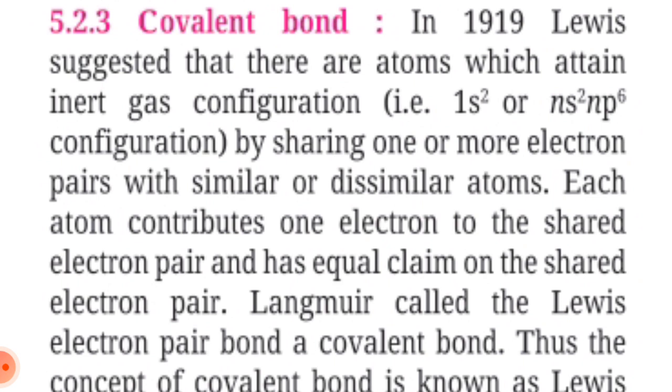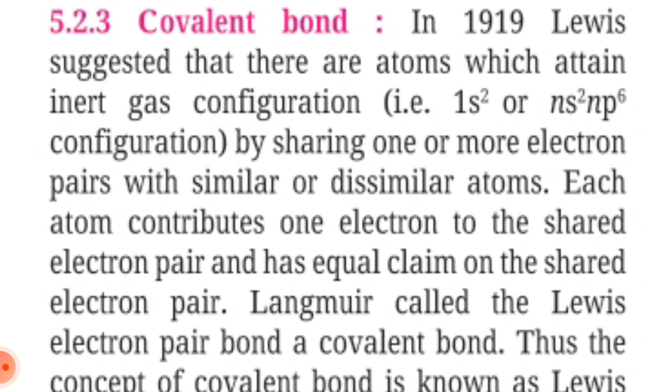5.2.3 Covalent bond. In 1919, Lewis suggested that there are atoms which attain inert gas configuration, that is 1s2 or ns2 np6 configuration, by sharing one or more electron pairs with similar or dissimilar atoms.